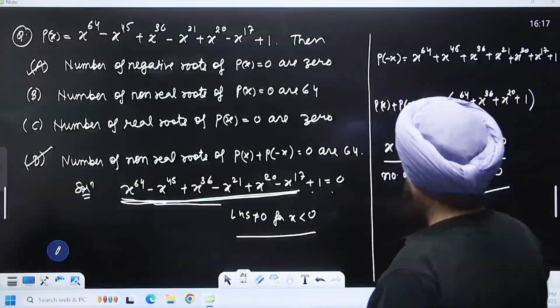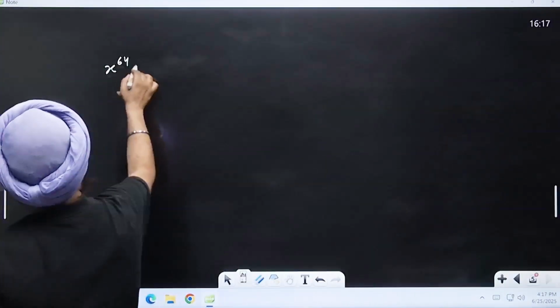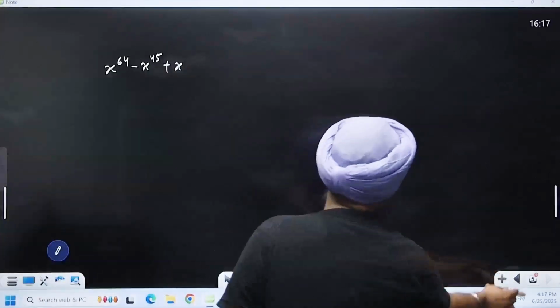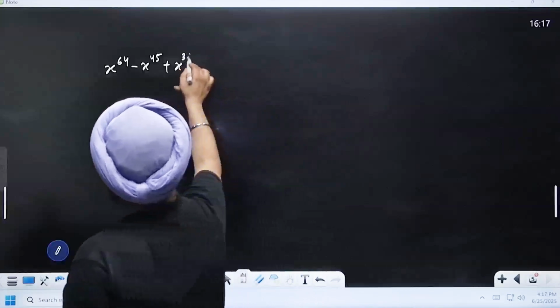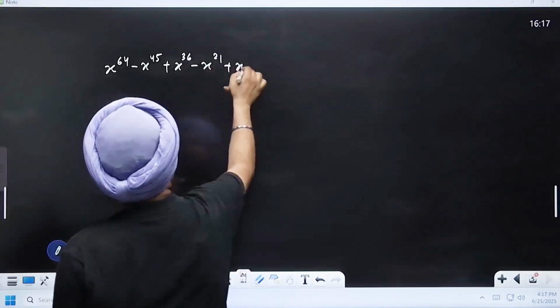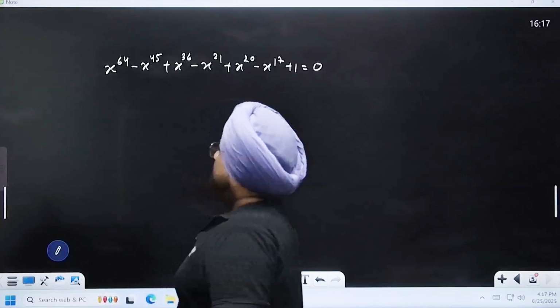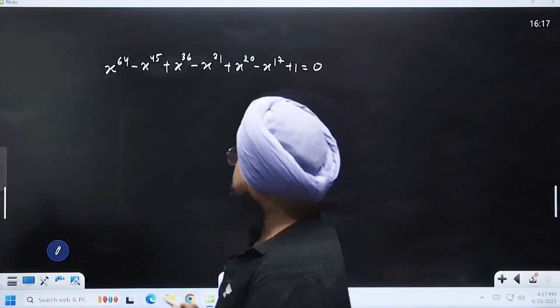So for this equation, P(x) equal to 0, we are checking whether any value of x is satisfying this equation or not.